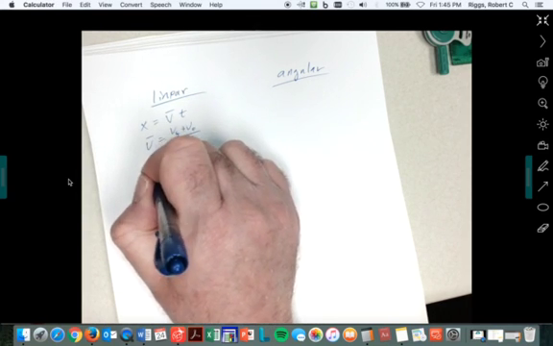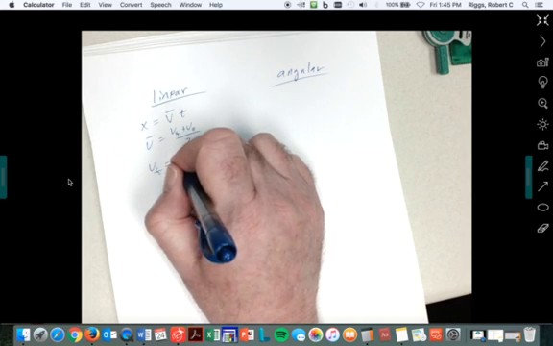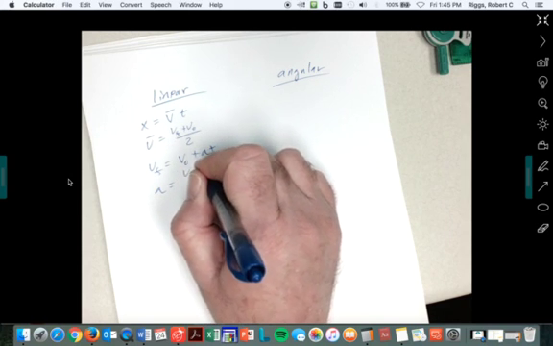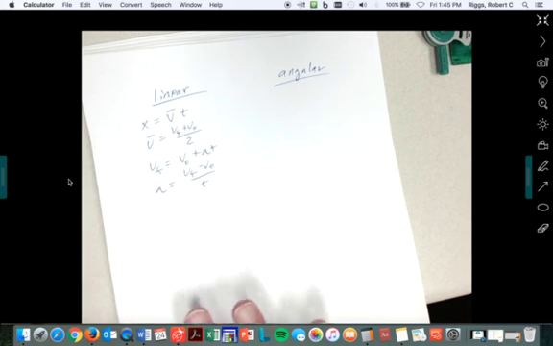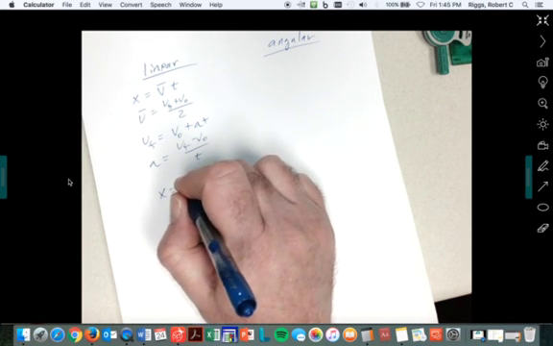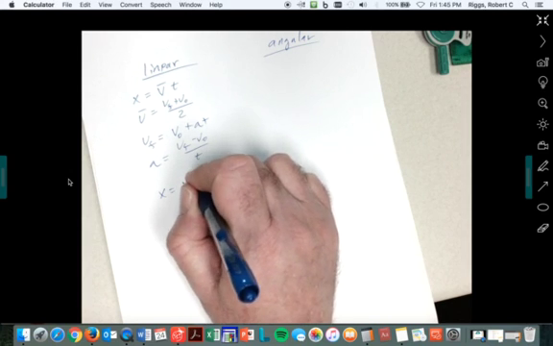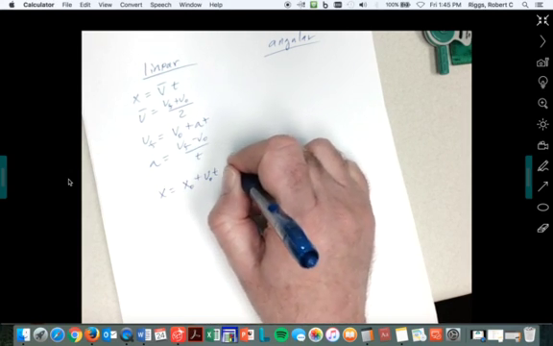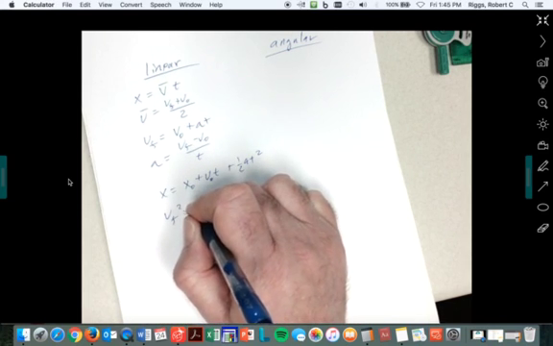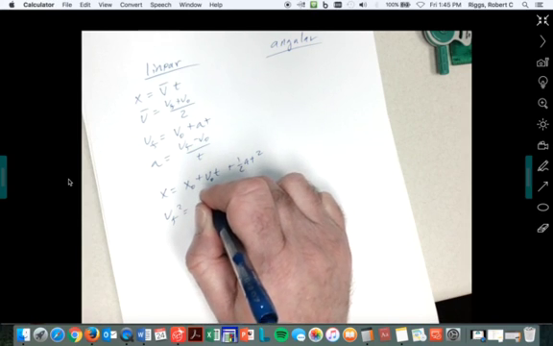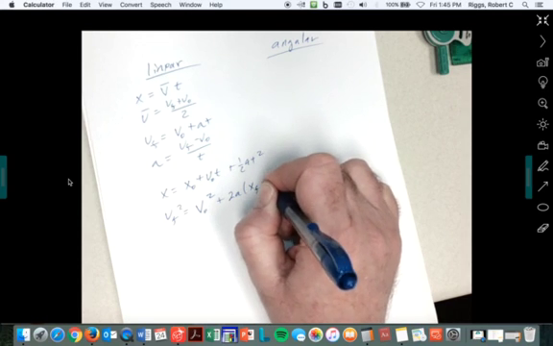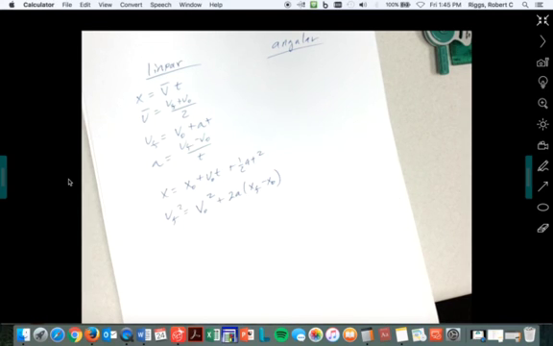We also know that v final is equal to v naught plus at, because we know that a is equal to v final minus v initial divided by t, if it's a constant acceleration. And we know that x is equal to x naught plus v naught t plus 1/2 at squared, and we know that v final squared is equal to v naught squared plus 2a times x final minus x initial, or minus, depending on if it's slowing down or speeding up.